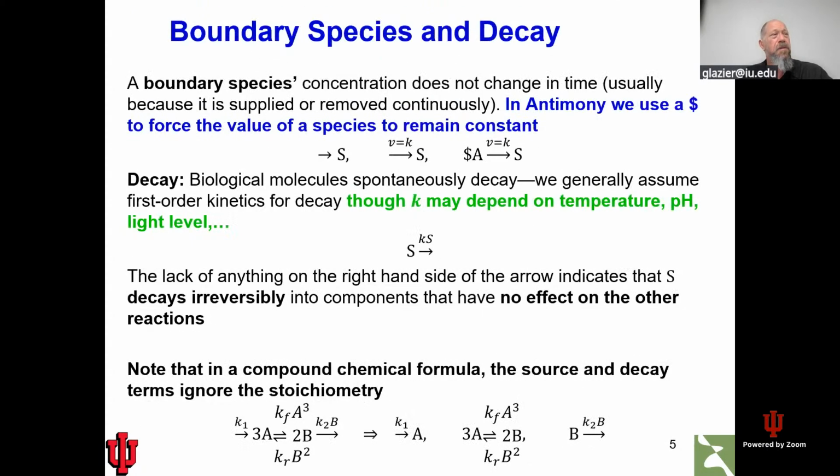The second thing, which we've already talked about, are these dangling arrows where we don't have something on the end of the arrow. Nothing goes to S or S goes to nothing.